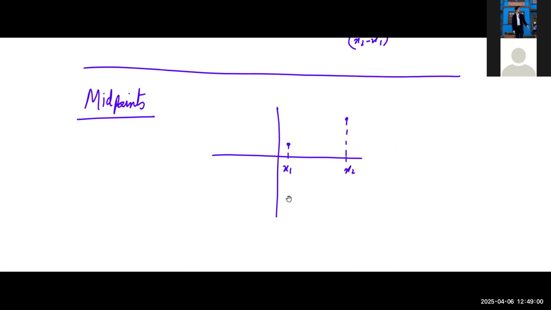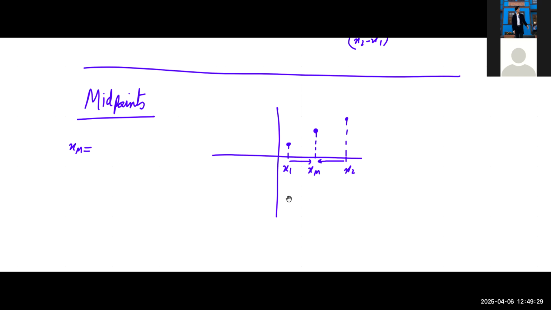The point in the middle, its x value will be exactly in the middle of x1 and x2, because it's the midpoint. So the x value will be in the middle of the x values of the boundary points. So to find the x value of the midpoint, simply find the average of the x values of the boundary points.